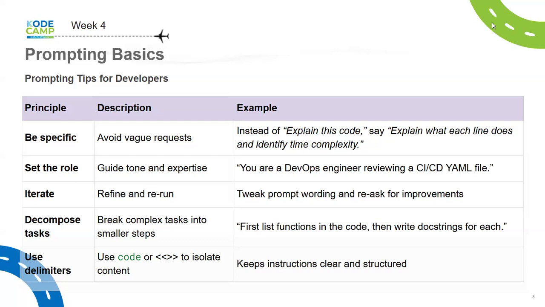The same thing with prompts. When you have written a prompt, you run it on the large language model. If it gives you what you want, good. If it's not exactly how it should be, you can come back and tweak the wording. You can add more constraints. You can be more specific in some areas. Like I said, any area you are not specific in, the language model will choose.